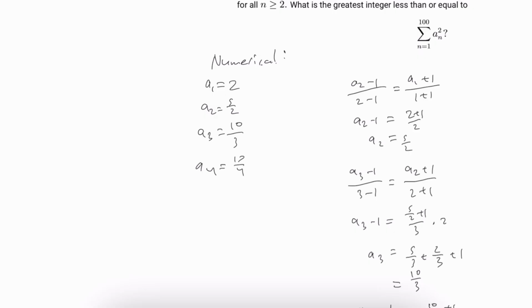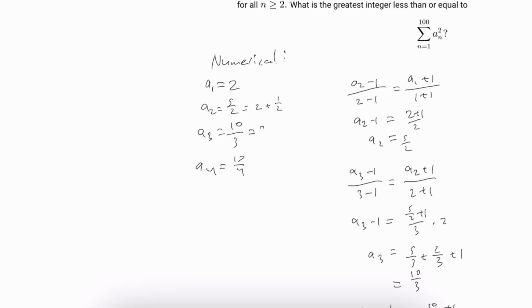And so from this, can we see any pattern? One thing you can notice is 5, 10, 17, those are each one more than a perfect square. And in particular, it's the index squared, right? So rewriting them as an integer plus a fraction, this is 2 plus 1/2.